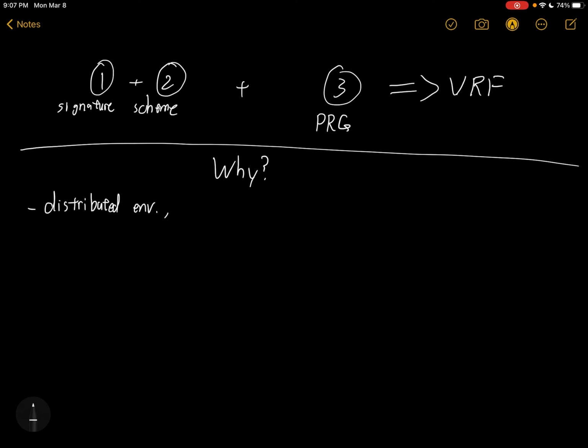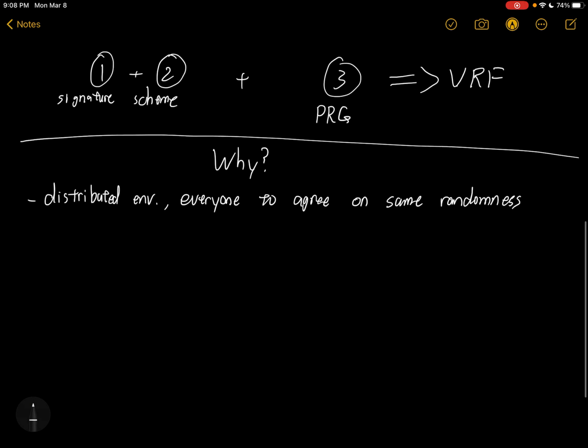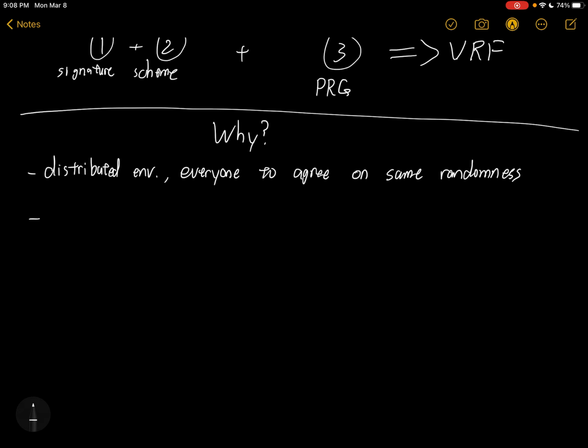The idea is verifiable random functions allows everyone to agree on the same randomness. This is a pretty useful ability to have. And in addition to that, we can do so in a fair and trustless manner.